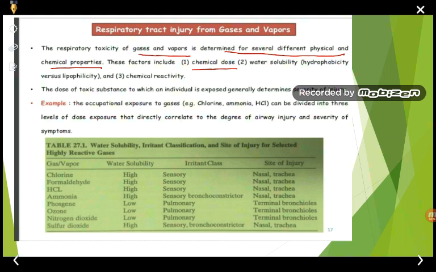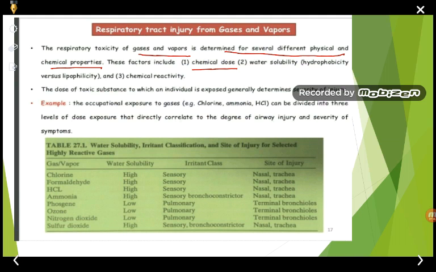There are various respiratory toxins or gases. They may include the chemical doses, water solubility, hydrophobicity versus lipophilicity, and the chemical reactivity.